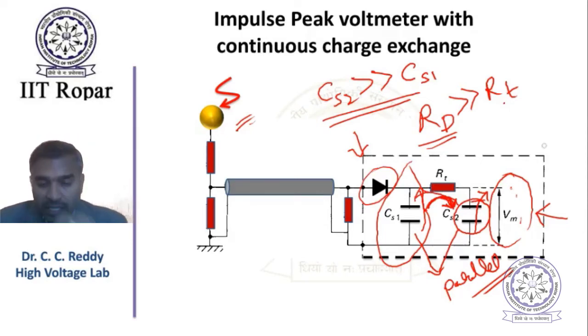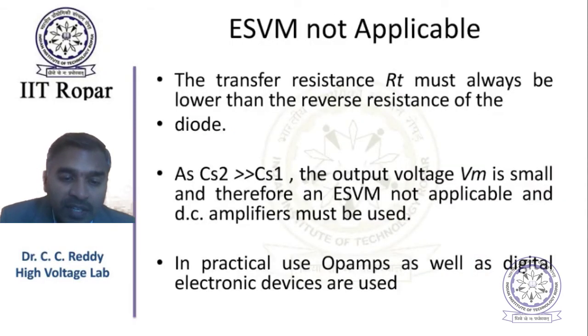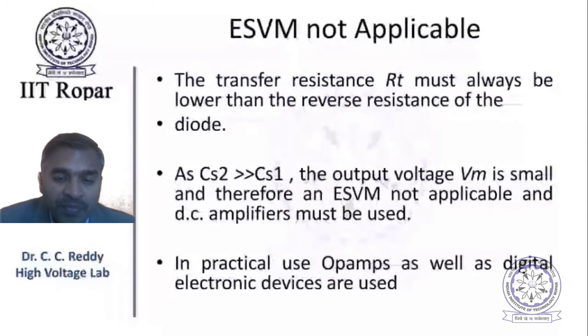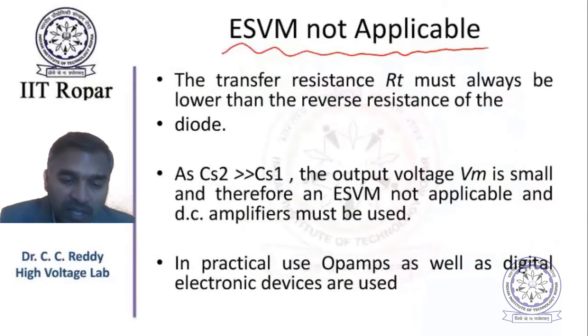Due to this problem, the voltage becomes very small, and even an electrostatic voltmeter becomes ineffective. I will tell you that after one or two slides. Yeah, here itself. Now the ESVM, electrostatic voltmeter, is not applicable here.